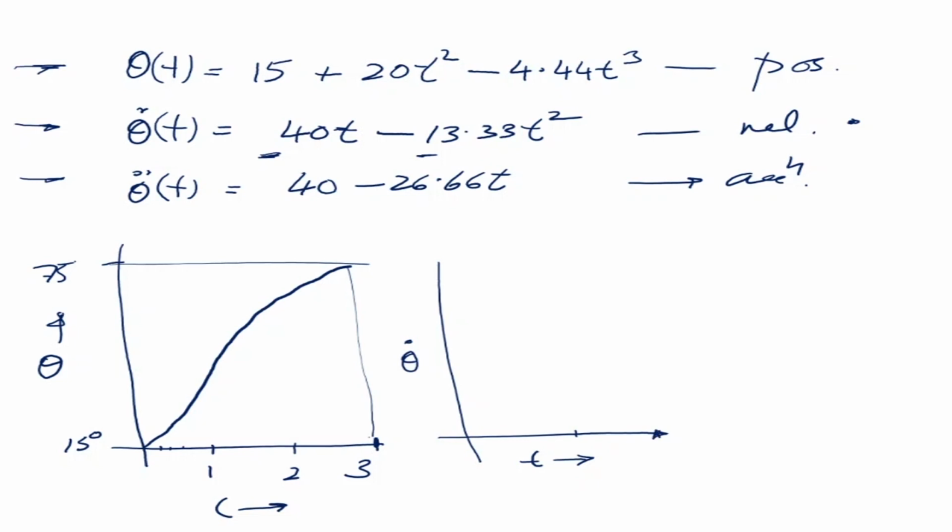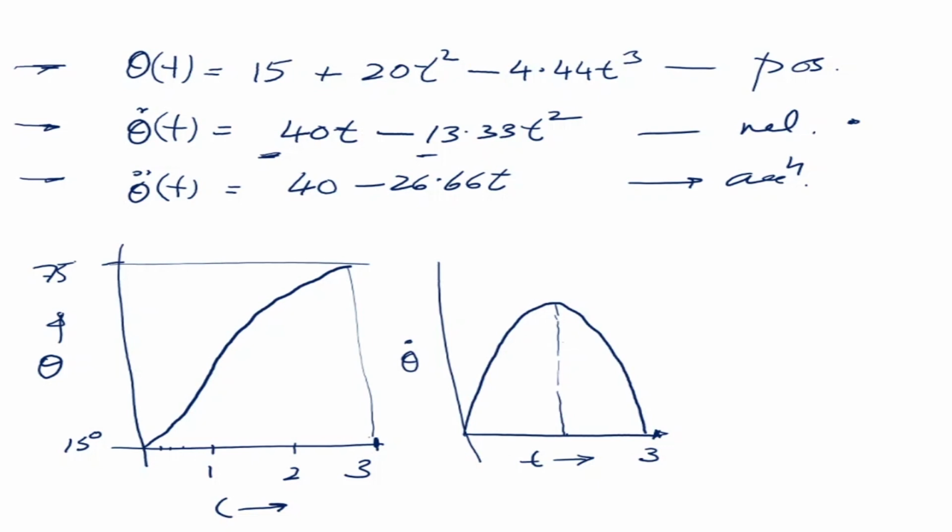Halfway, so this is my 3. Exactly halfway, the velocity will go up and then it will come down, because of acceleration and deceleration. So this is my variation of velocity with respect to time. This is just below 30.